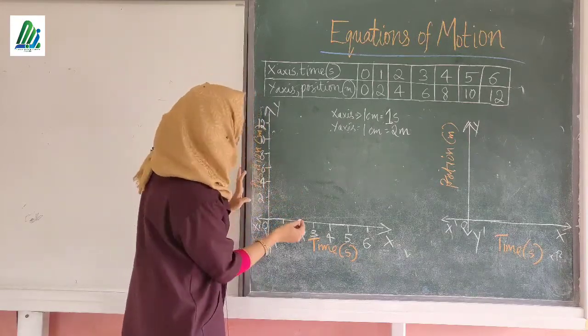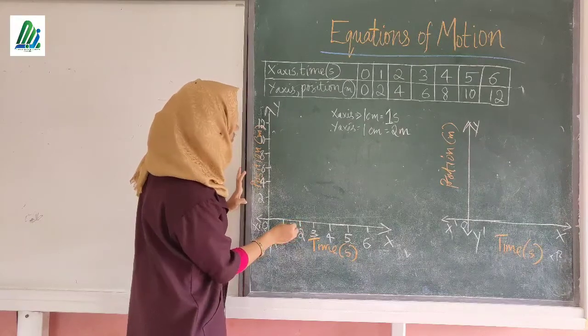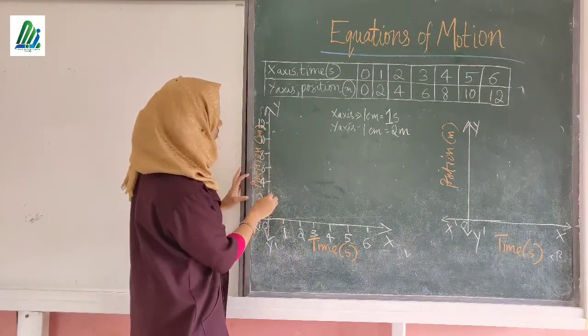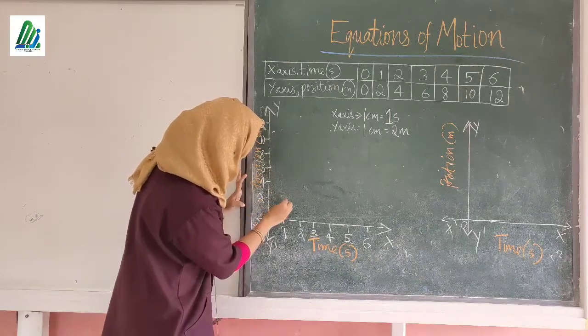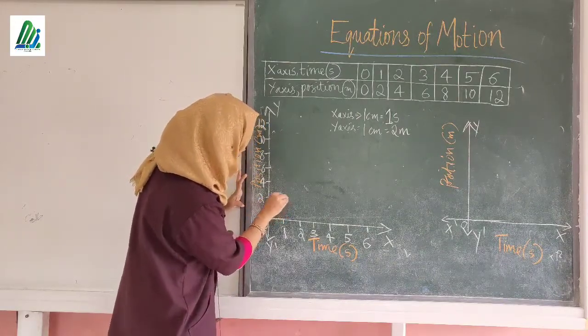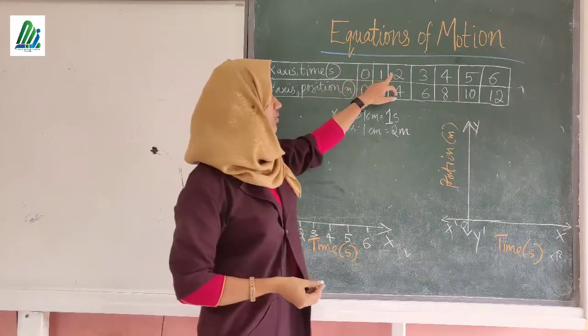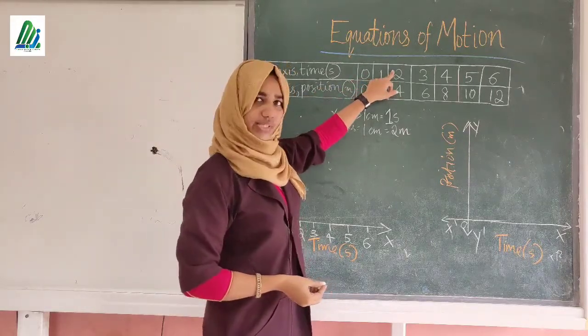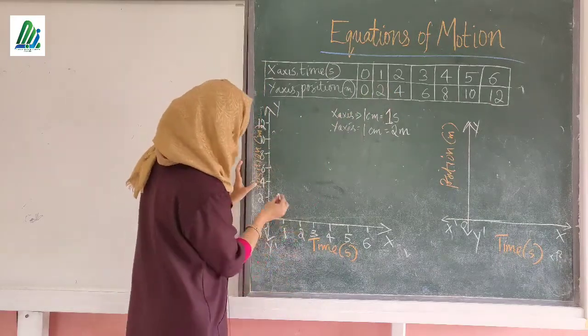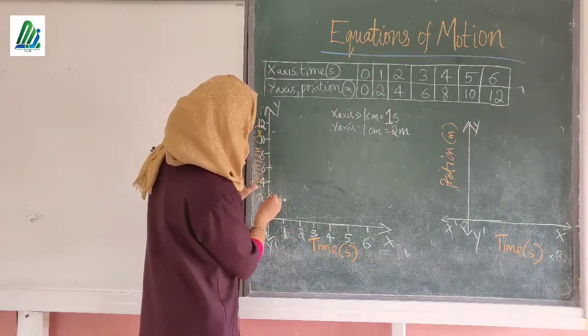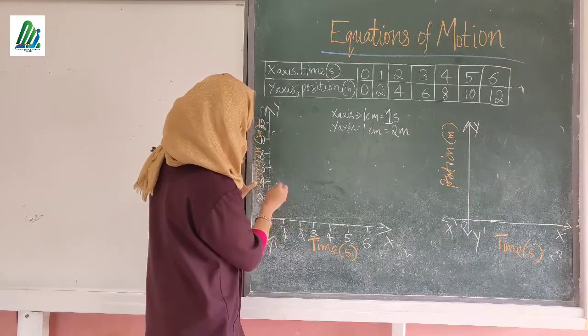So the position is 2 meter, the time is 1 second. Here I mentioned that in 2 seconds the position is 4 meter.